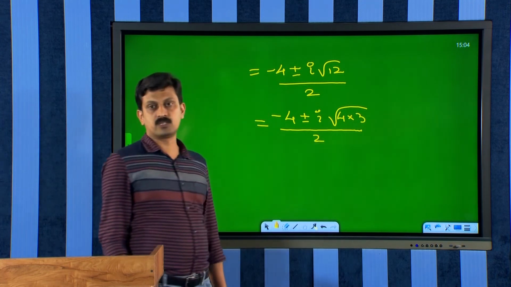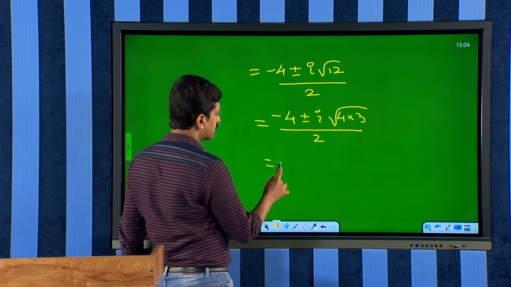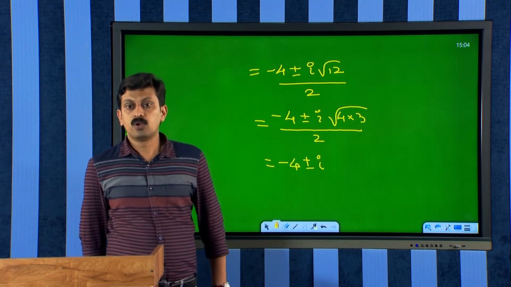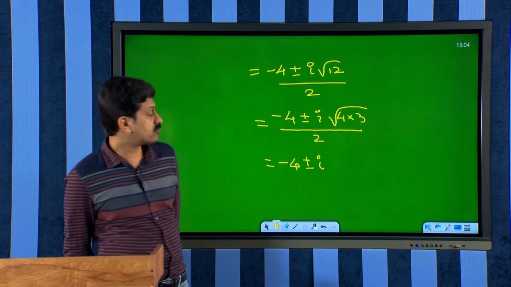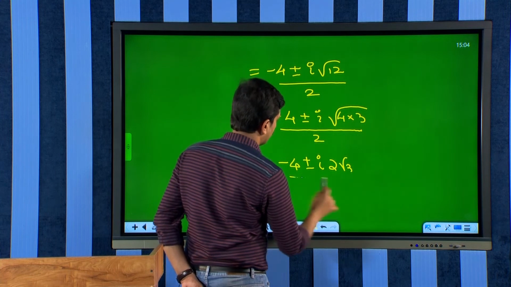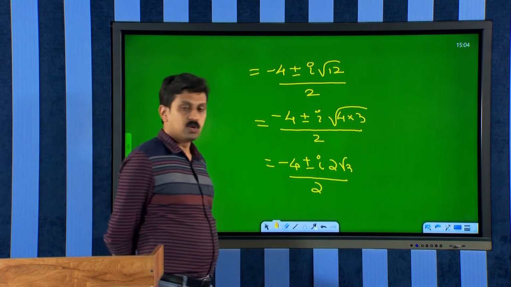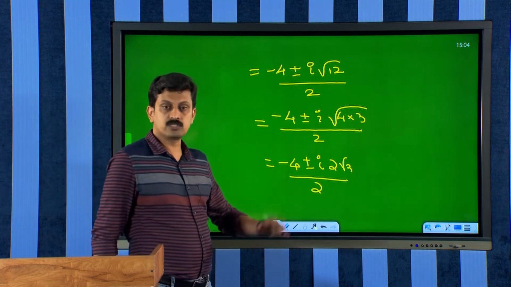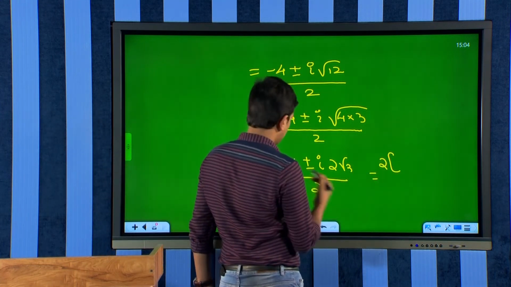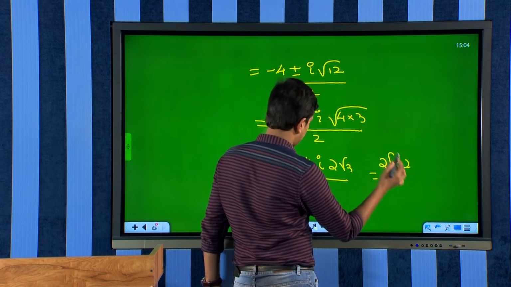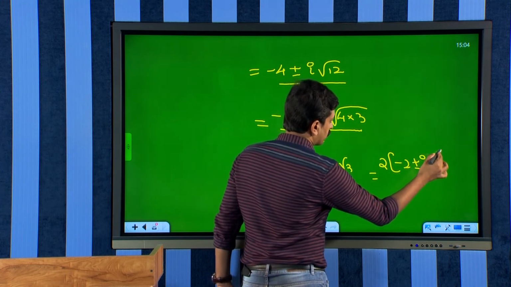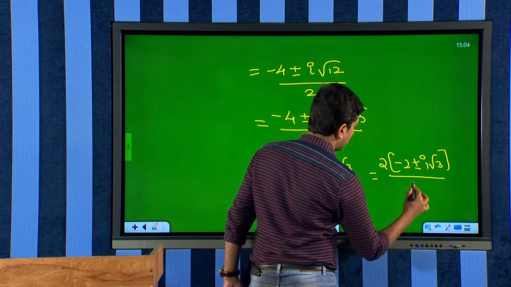Root 4 is actually 2, so this is 2 root 3, divided by 2. We can take 2 outside, so instead of minus 4, minus 2 plus or minus i root 3, divided by 2.